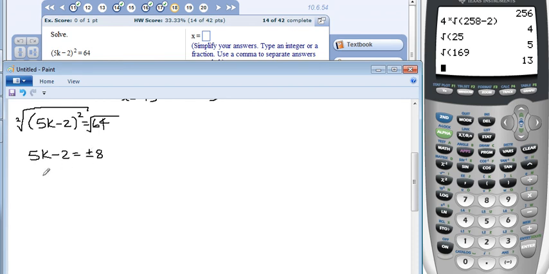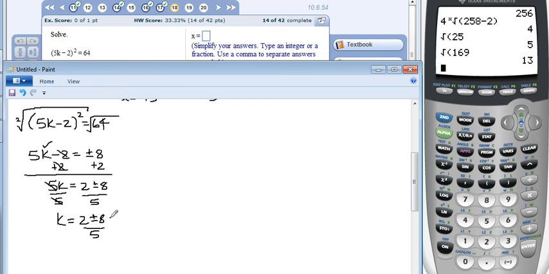So for right now I'm going to just pretend like that's not there. I'm just going to keep dragging it. I'm just going to start solving for k. Okay, so what I want to do is add my 2 across. I don't want to combine these. These are gone. So I've got 5k is equal to 2 plus or minus 8. Then I want to divide through by 5. So k is equal to 2 plus or minus 8 over 5.